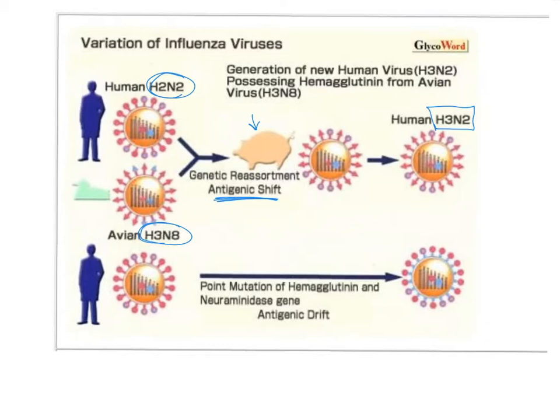All right, and in China, the practice of living in very close quarters with your livestock is pretty common. Okay, we have maybe the pigs living in the house, even with the ducks and the chickens and whatever. So we think this kind of reassortment is much more likely to happen in places like China. Okay, and then the antigenic drift is different. It's just kind of random point mutations over time.